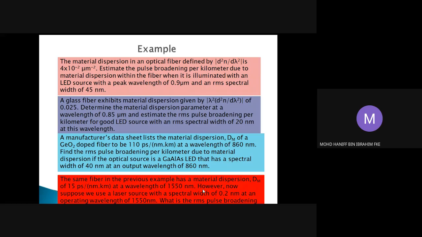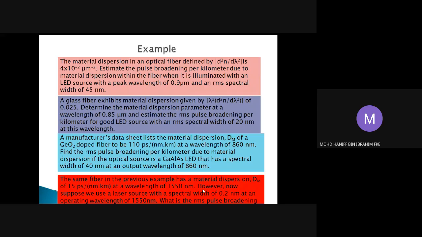So as we have learned in the earlier slides of this lecture 6 part 2, if you have reduced spectral width, by right the pulse spreading will also be reduced, because from the equation itself we know that the pulse spreading is proportional to the spectral line width.